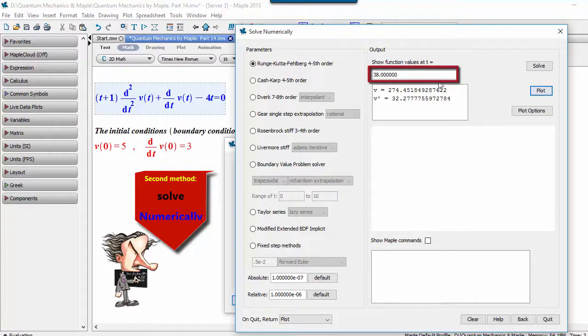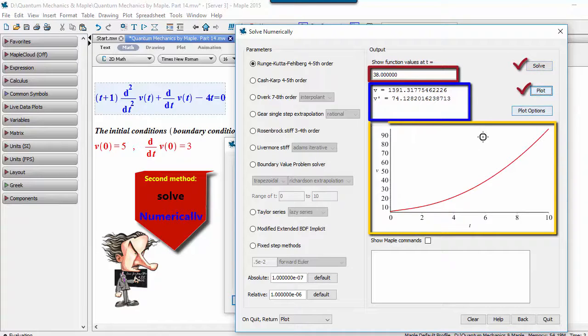If t equals 38, then the function value v and its derivative v prime are. As well, its plot shows the function values v at each point of t.